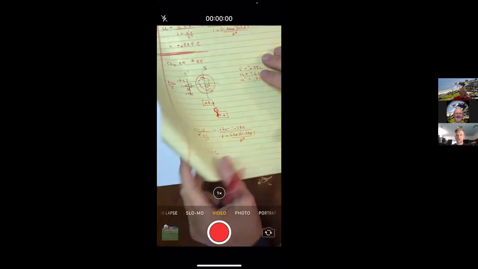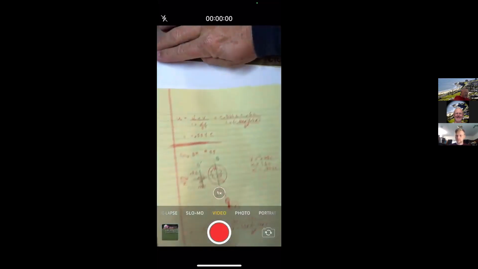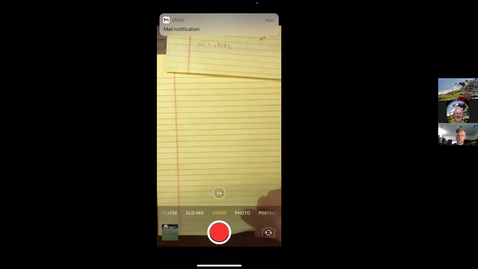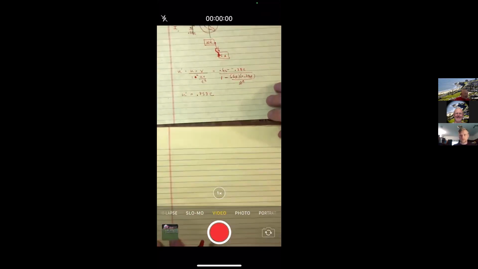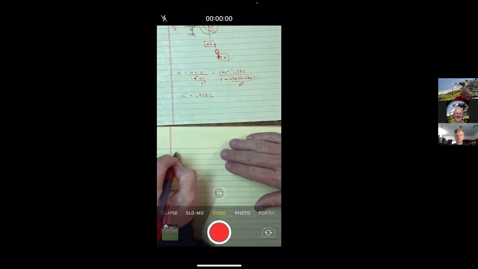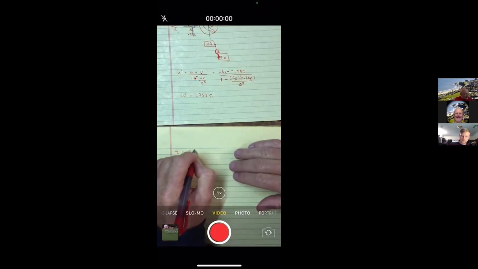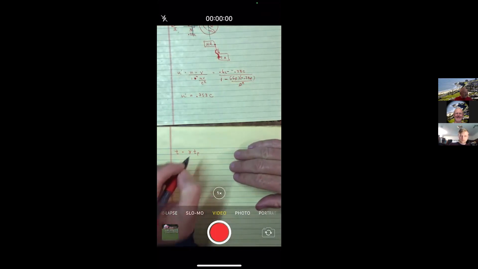All right, because I want to say the same thing for this problem that I did the last problem. Now, the last problem, we were doing proper lengths. But now we're going to do proper times because, again, we have this formula that says the time measured in one reference frame is different than another one.